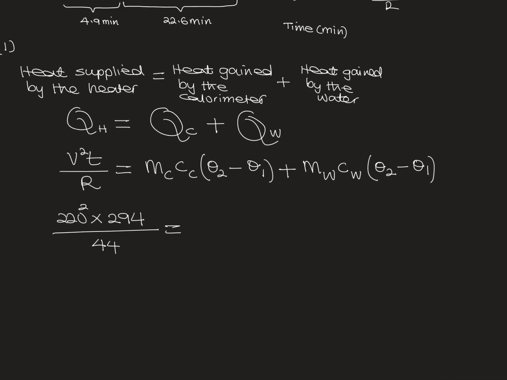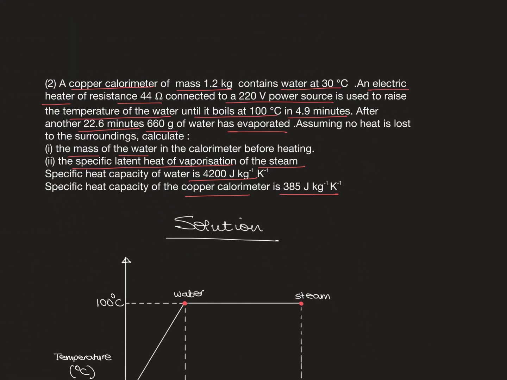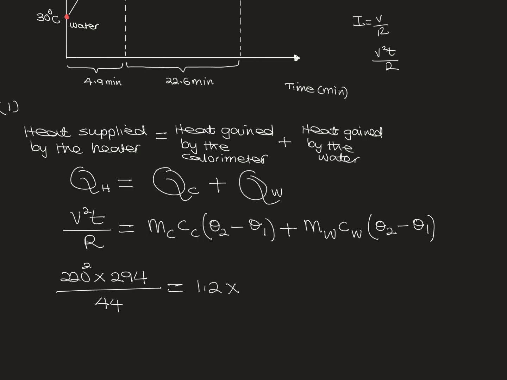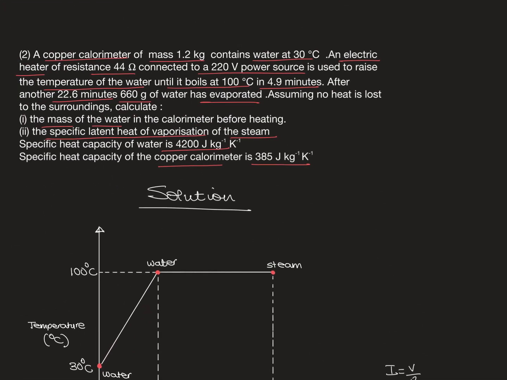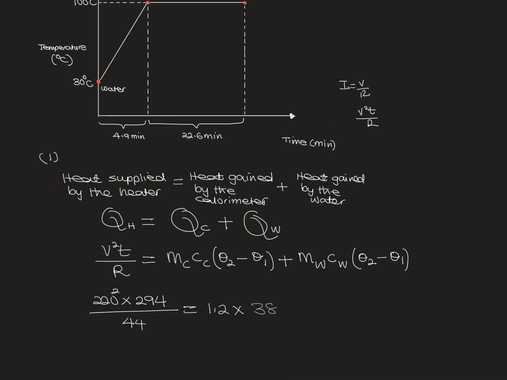This is equal to the mass of the calorimeter, given in the question as 1.2 kilograms, multiplied by the specific heat capacity of the calorimeter, given as 385 joules per kilogram per Kelvin. That is 385 multiplied by the change in temperature, the final temperature minus the initial temperature, that is 100 minus 30.